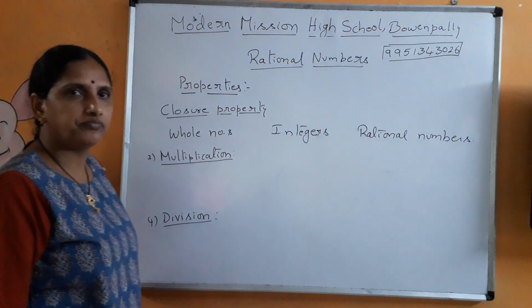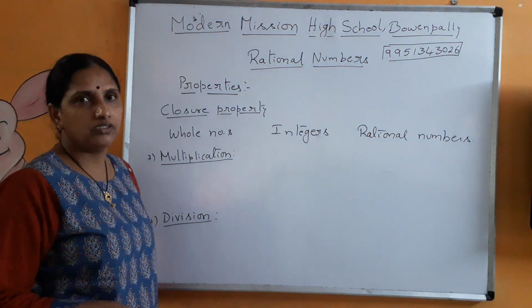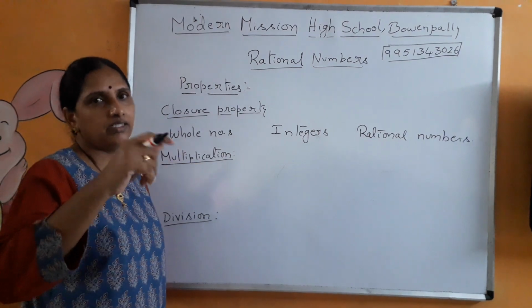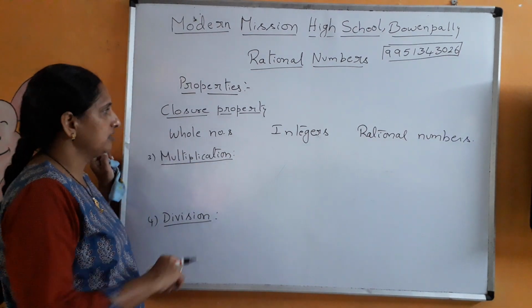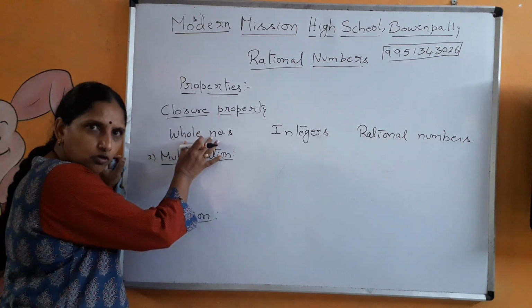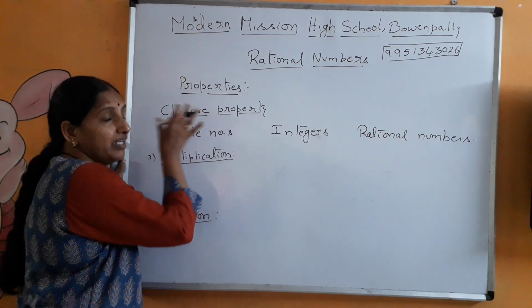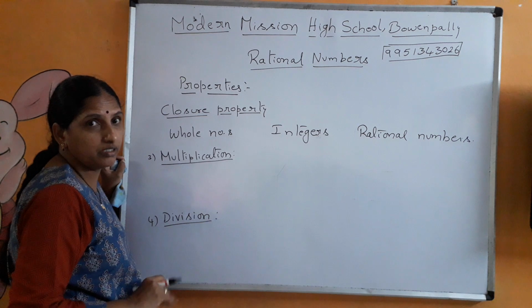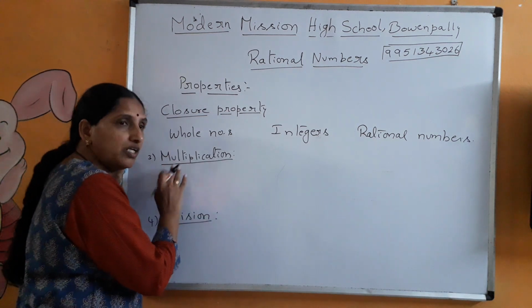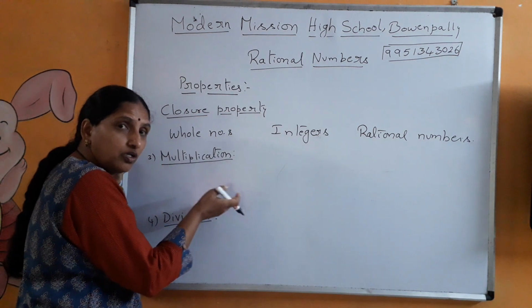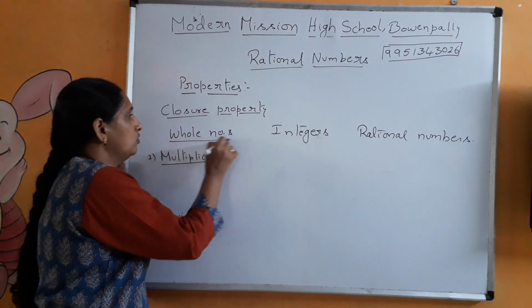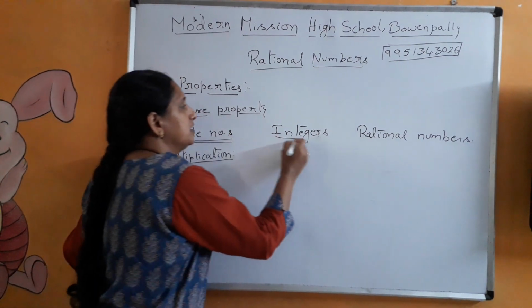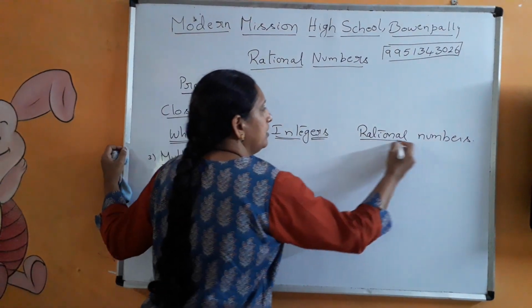So done. Now the next one. We have seen addition as well as subtraction. Now we are going with multiplication. Multiplication for whole numbers, right? We are verifying closure property. Closure property means when you multiply two numbers, the result should also belong to the same numbers which we are considering, like whole numbers, integers, and again rational numbers.